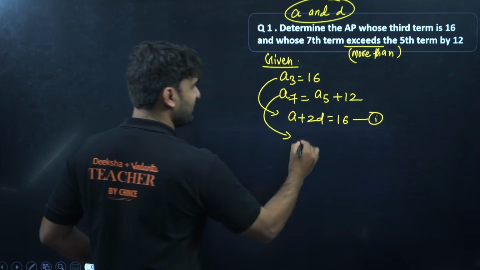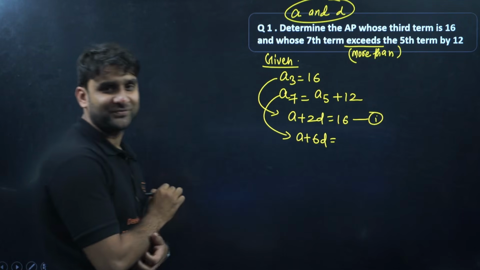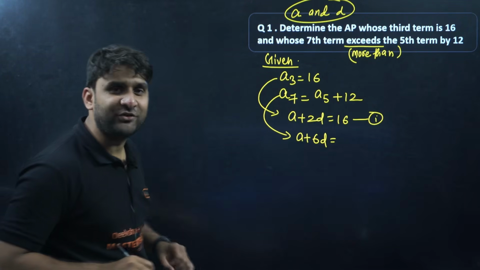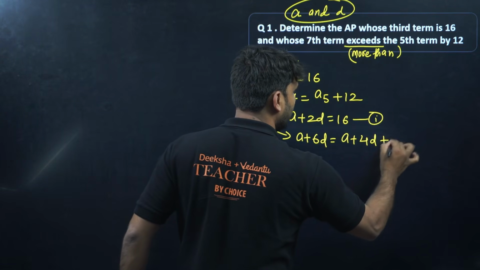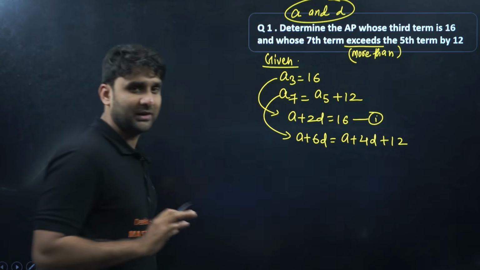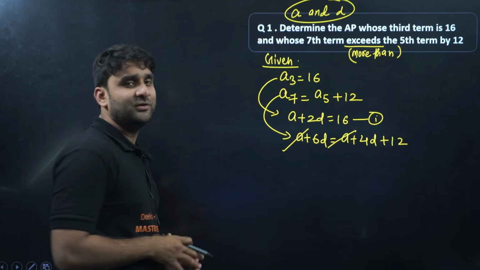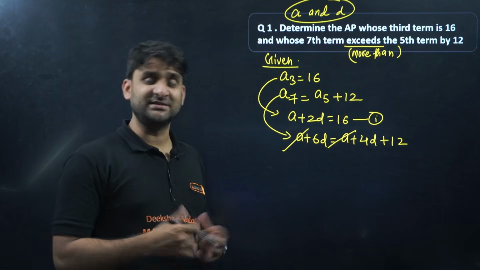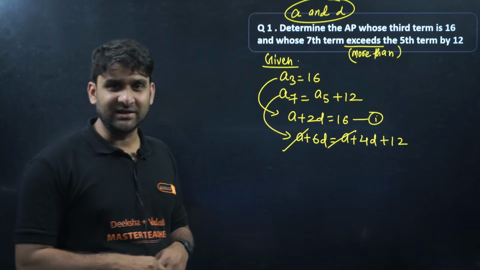If this is the seventh term, we can write A plus 6D, 1 less D, and this is the fifth term. So for the fifth term, the formula will look like A plus 4D, and 12 is already there. Clear, everyone? So A and A both will be cancelled, because the coefficient of A is similar on the right hand side and left hand side. So they will cancel each other.